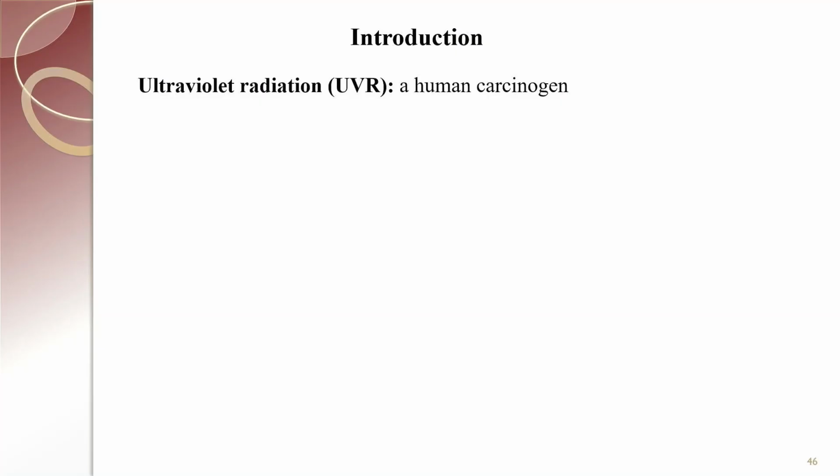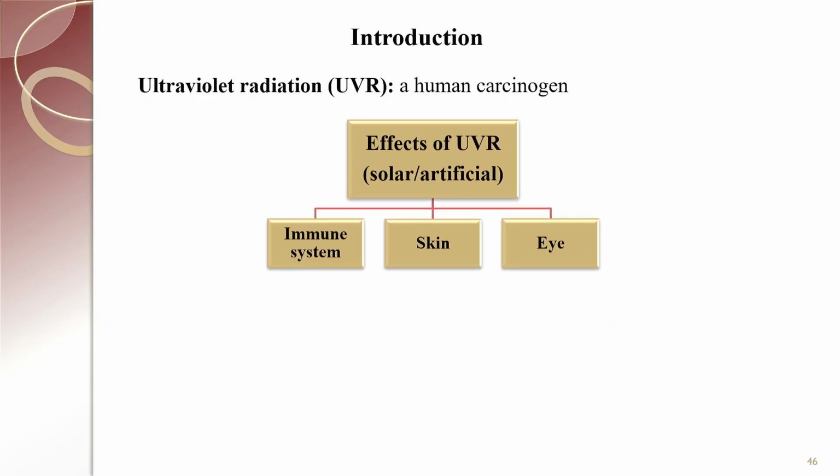So, let us try to understand once again the effect of UV radiation. It causes skin cancer. As we have discussed, the UV radiation may be directly from solar radiation or artificial UV.